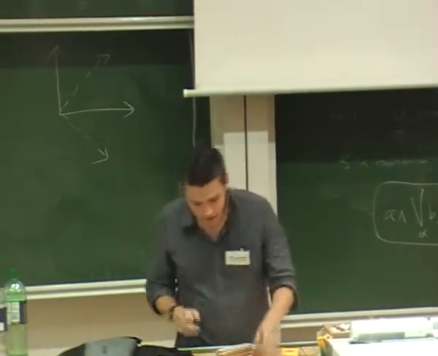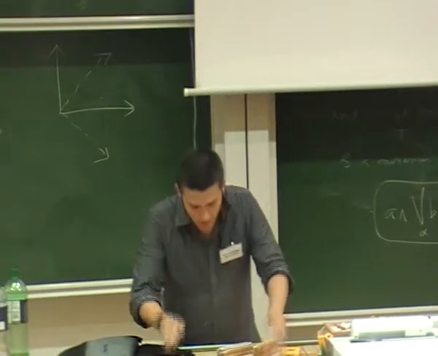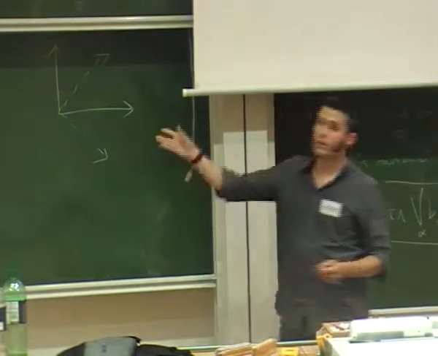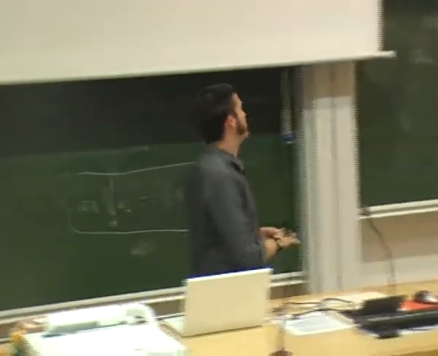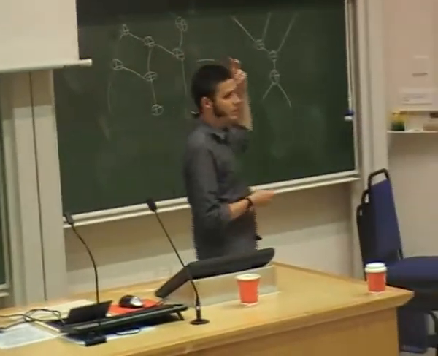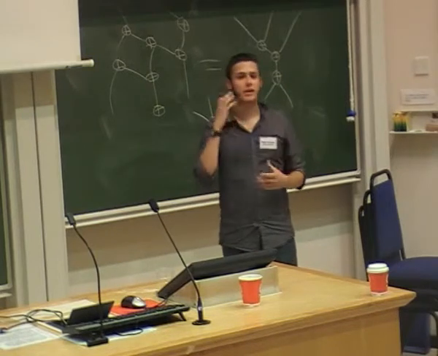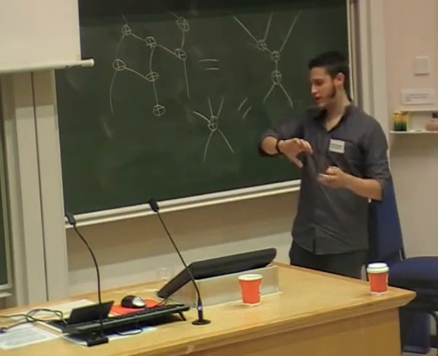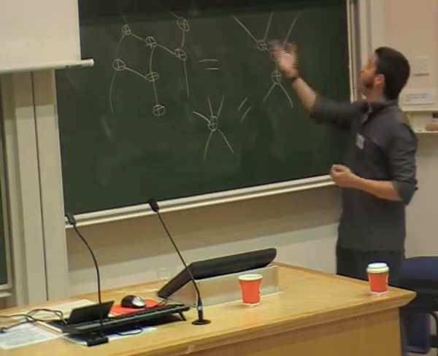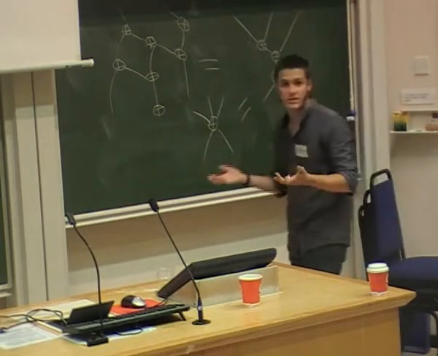Yes, of course. Okay, so this is sort of our core language, and this language makes sense in any dagger monoidal category. So if you're in a category that's got a tensor product and it's got a dagger, it's got an involution basically, then this makes sense.